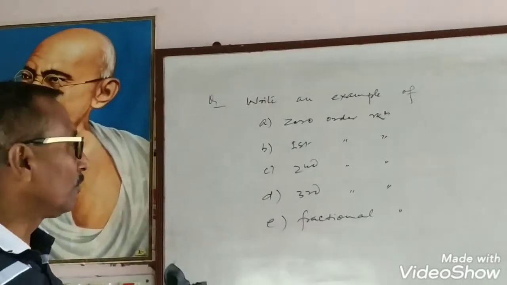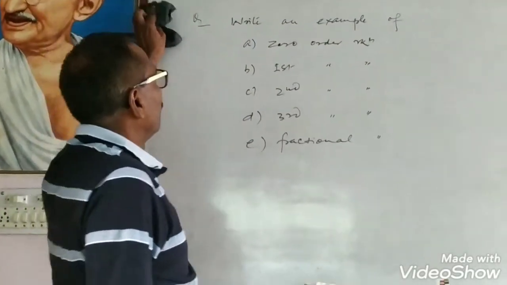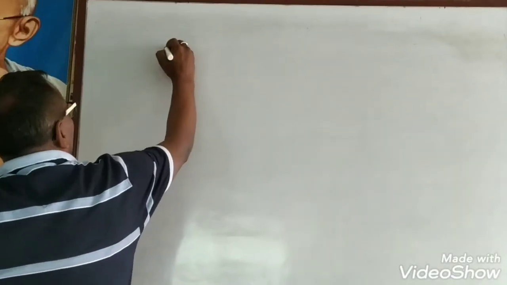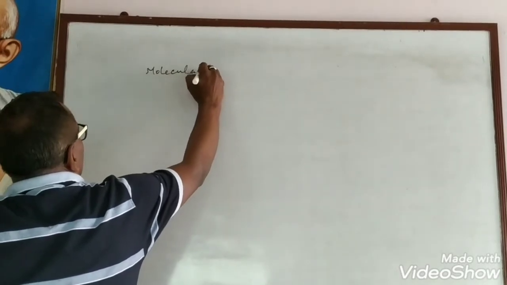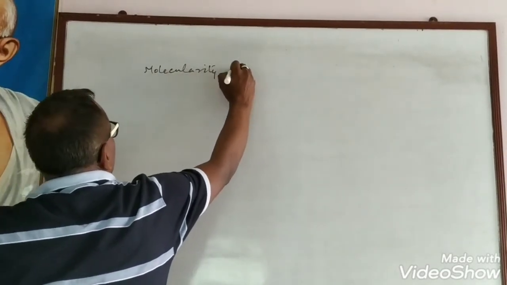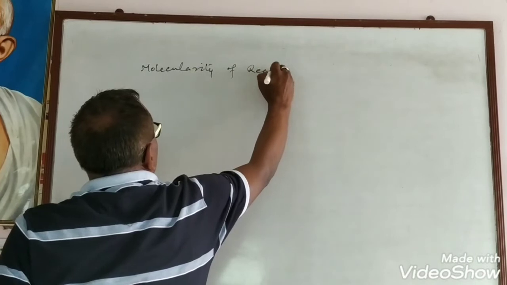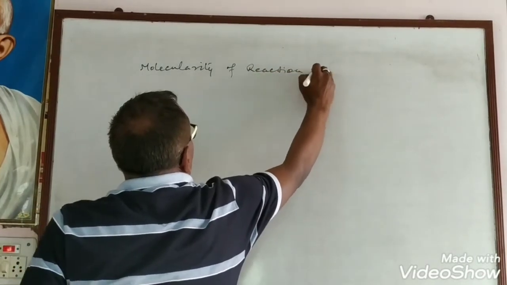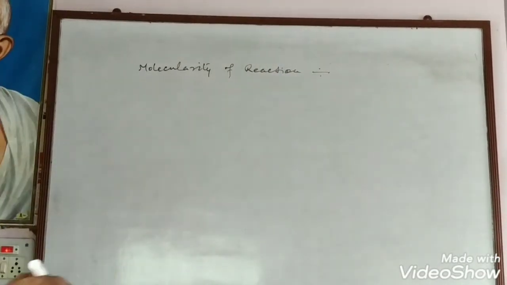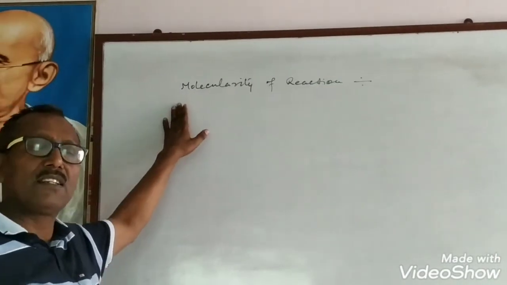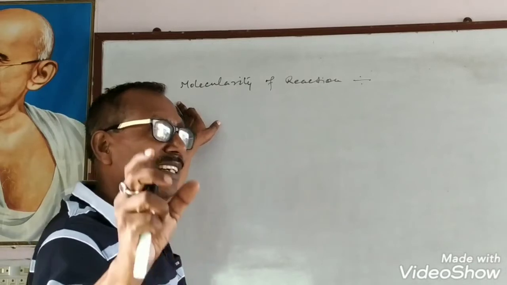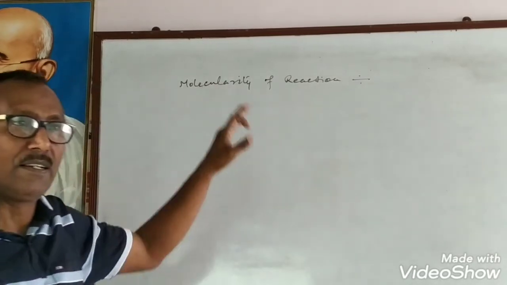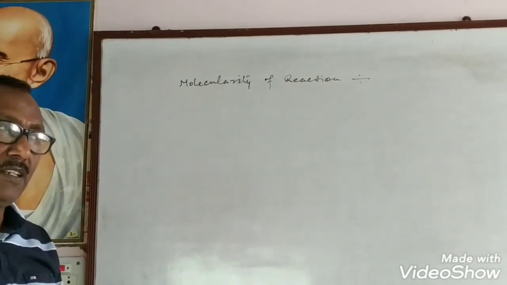Now we move on to molecularity of reaction. Molecularity of reaction mainly deals with the number of simultaneous collisions of the reactant particles. Simultaneous collision.